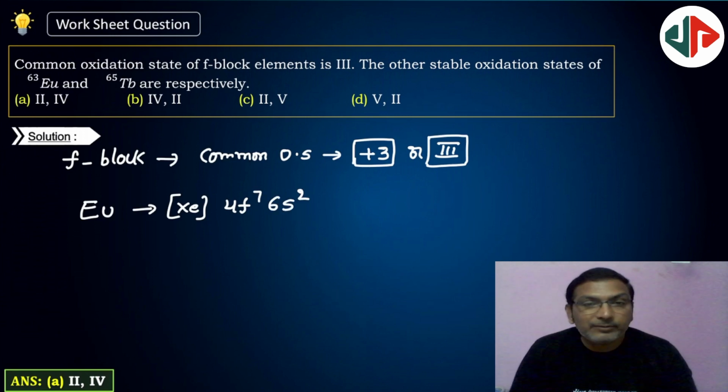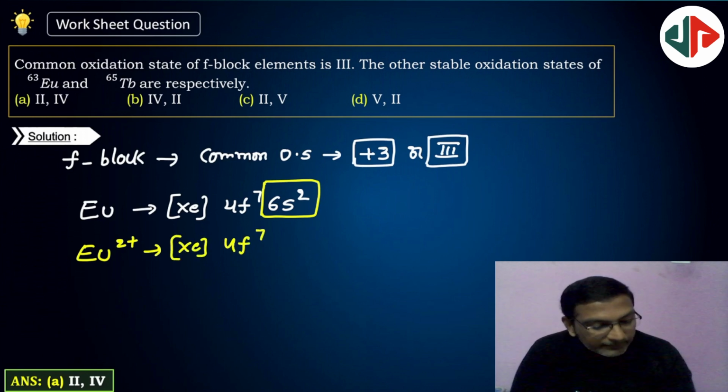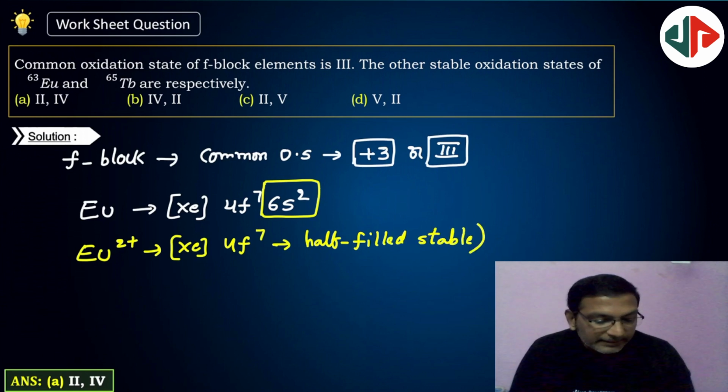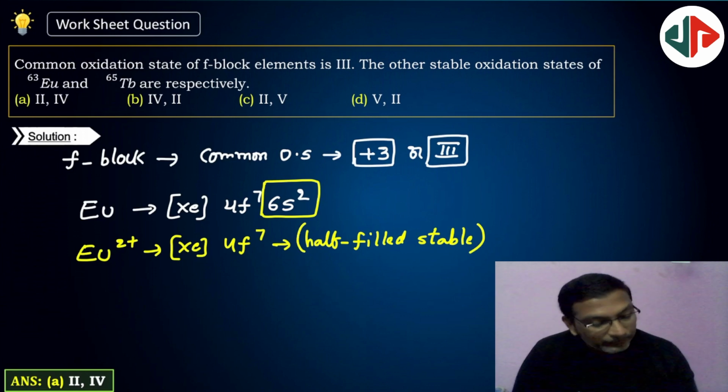So with removal of 2 electrons, these 2 electrons, it becomes Eu2 plus, and the configuration will be xenon core 4f7. So which is half filled, half-filled stable. So due to f7 configuration, this can exhibit +2 oxidation state also.